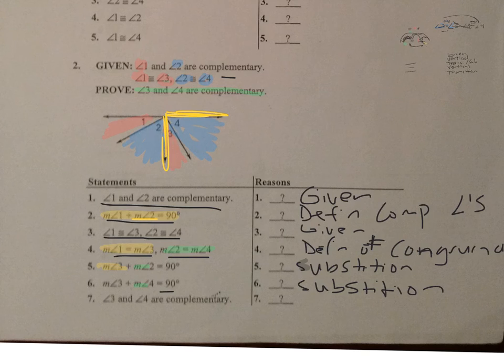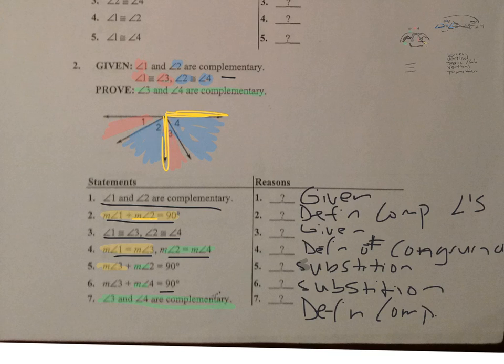What do we have to do? Well, the last line has to match up with what we're trying to prove. And how do I know that if they equal 90, then I can call them complementary? Right back to the definition of complementary angles. We know complementary angles mean they're 90 degrees, and 90 degrees means they're complementary.